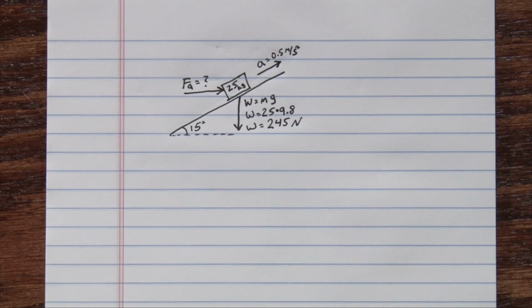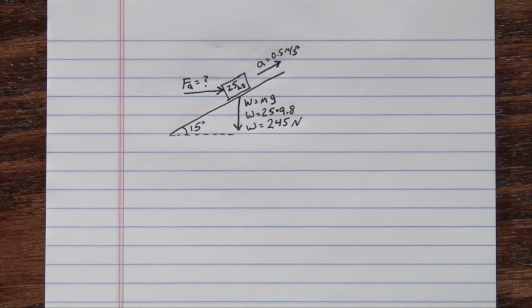Okay. And what else? Well, that's everything that we're explicitly given in the question statement. Now, there is one thing that we can infer from the question statement, and that is there is a normal force perpendicular to the incline. Even though there's no friction force between the box and the incline, the box is still feeling a force from the incline that is perpendicular to the ramp.